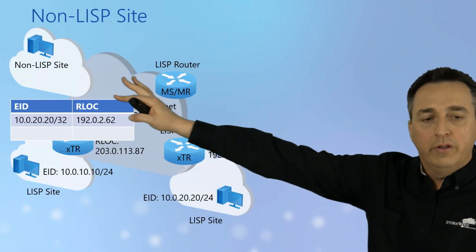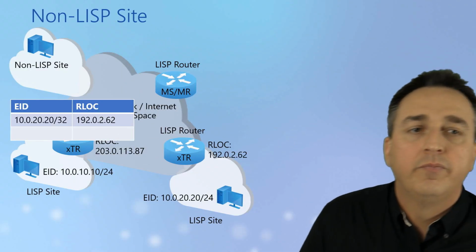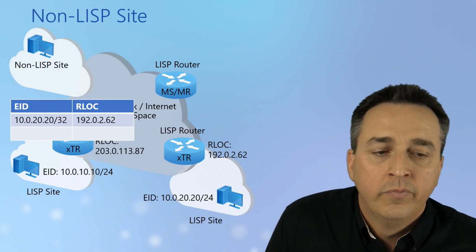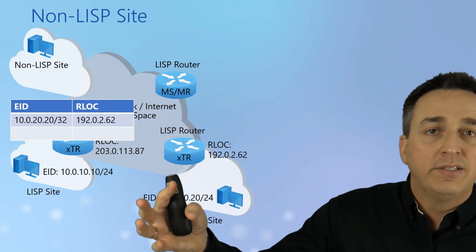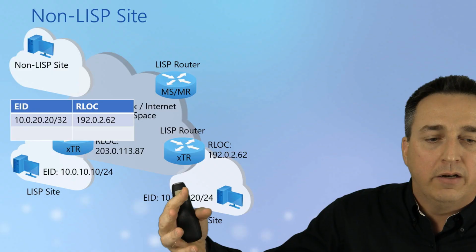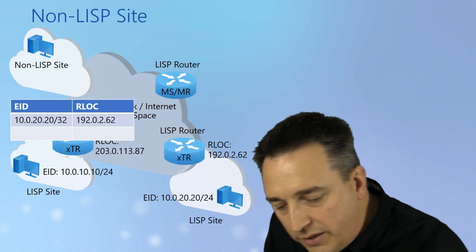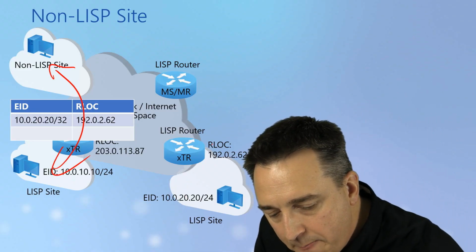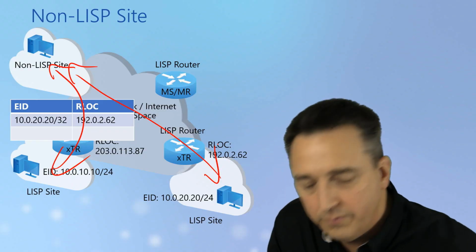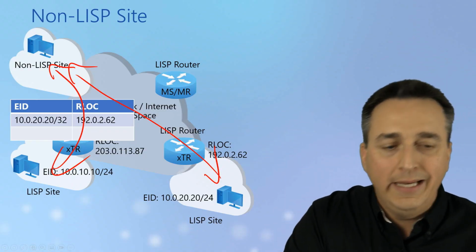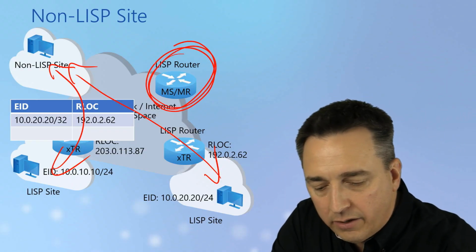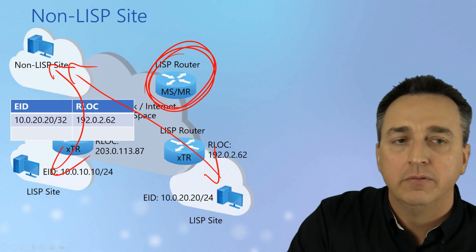So here's an example of a non-LISP site. We can pretend that's the data center. We can pretend that's the internet. It doesn't matter. But the idea is, how do we deal with traffic coming like this or like this? We need information here that's going to allow that to happen.